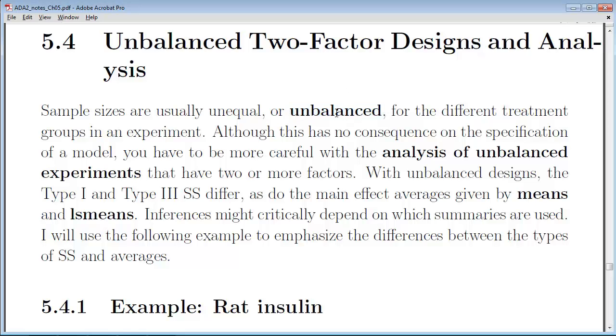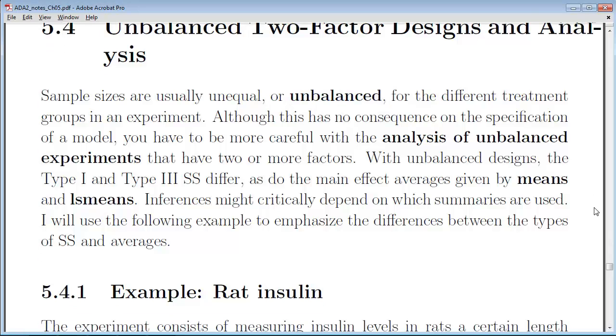You might also purposefully allocate more observations to treatments that you have more interest in, or conditions that have higher variance. By sampling more of those, you reduce the variance of your estimate of the mean, and so you can make better inference in that way.